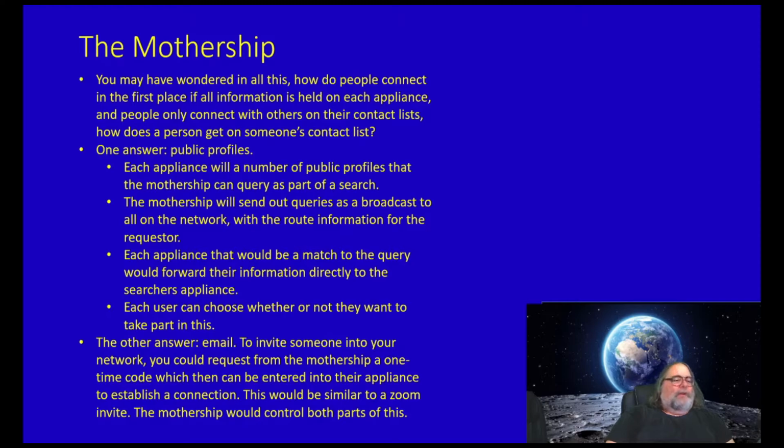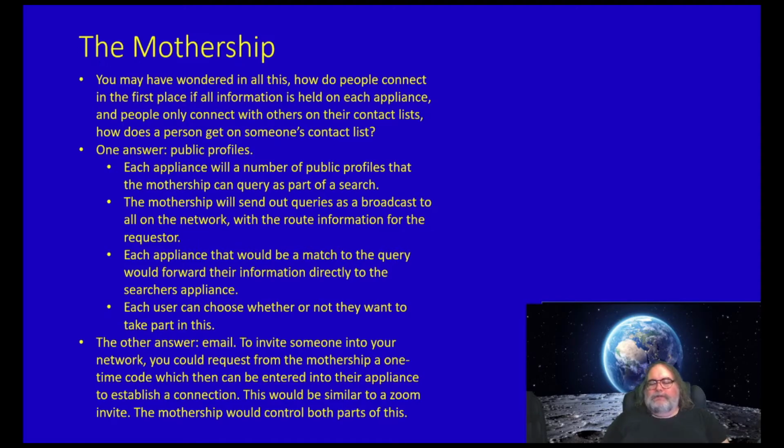So how do people connect in the first place if everything's private? Well, there's two answers. One answer is public profiles. My thought here is that each appliance would host a short public profile.